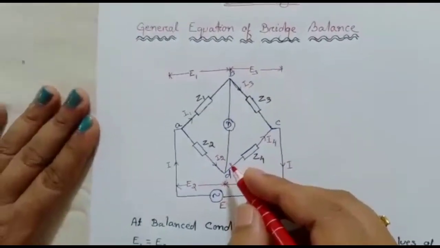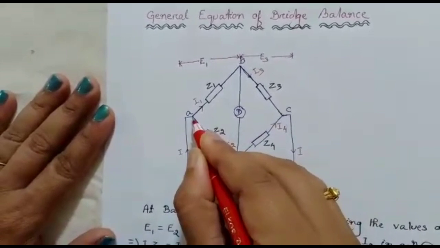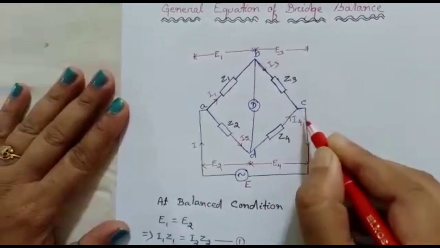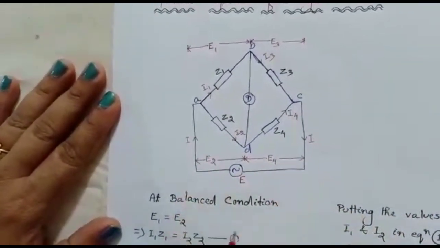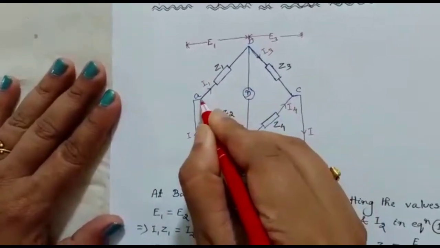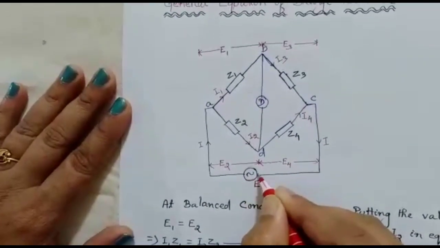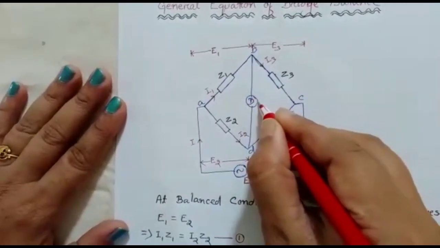Now if we connect the detector between points A and C, where the source is connected, what is the problem? The entire source voltage will appear across this detector.